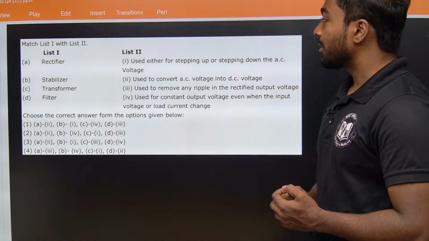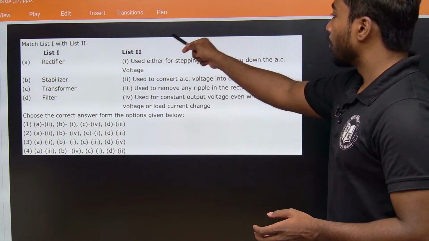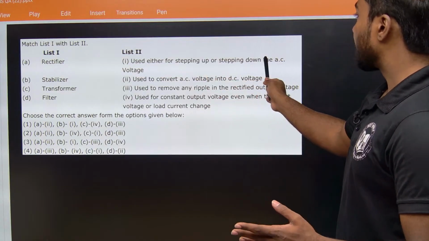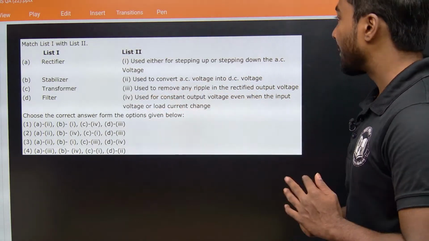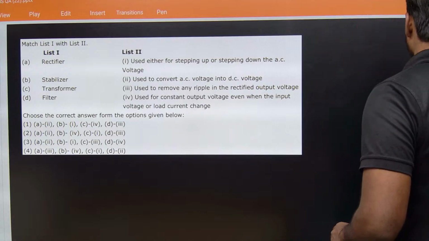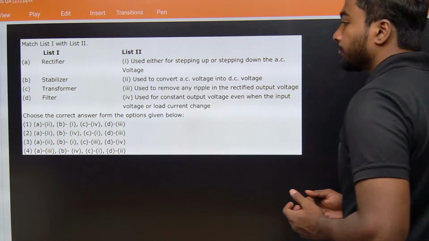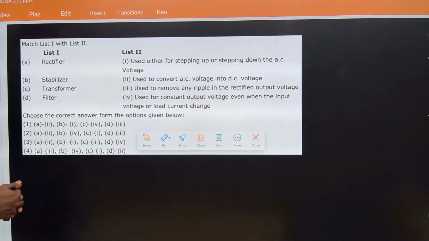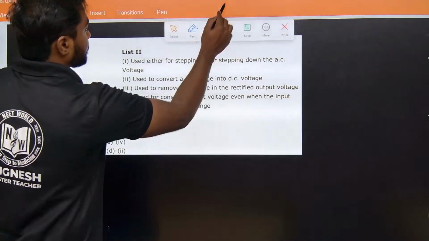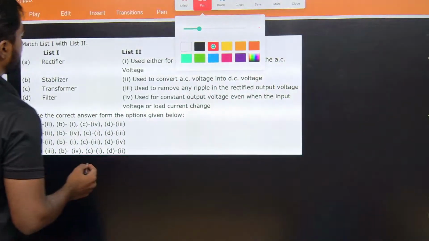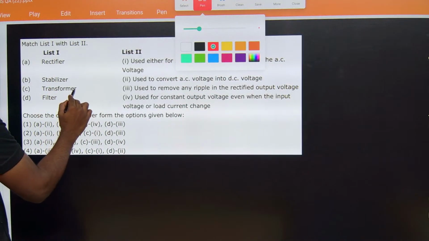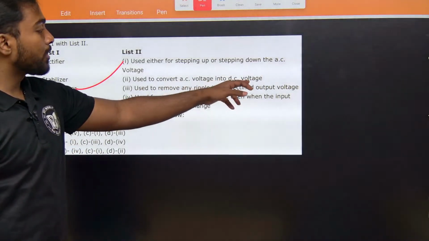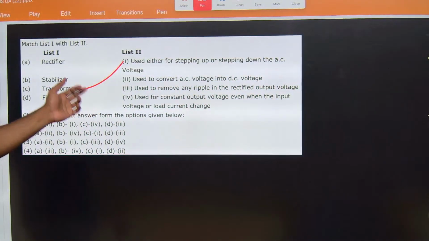When I see rectifier, out of these 4, which one will be correct? Used for stepping up or stepping down is for transformer. Used to convert AC voltage into DC voltage, obviously that is for rectifier.